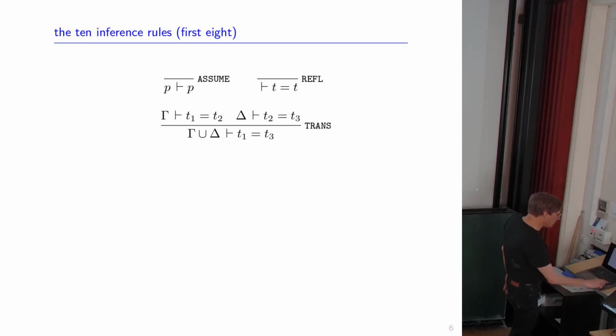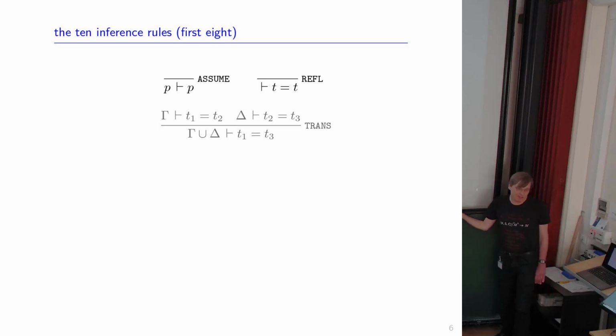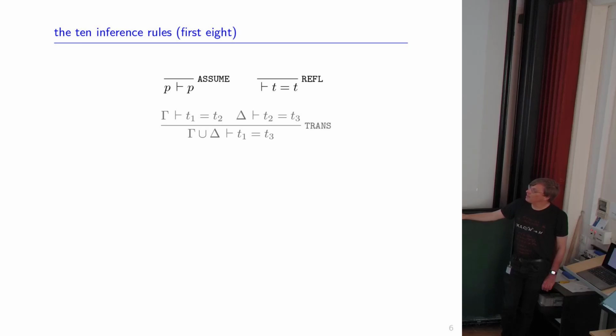Then if you have reflexivity, you expect symmetry and transitivity. And symmetry you can derive with the rules, so you don't need it. Transitivity you actually also can derive with the other rules. So you won't need it, but it's in the system for efficiency because it's used a lot. And if you need to get that from the other rules, your proofs go slower.